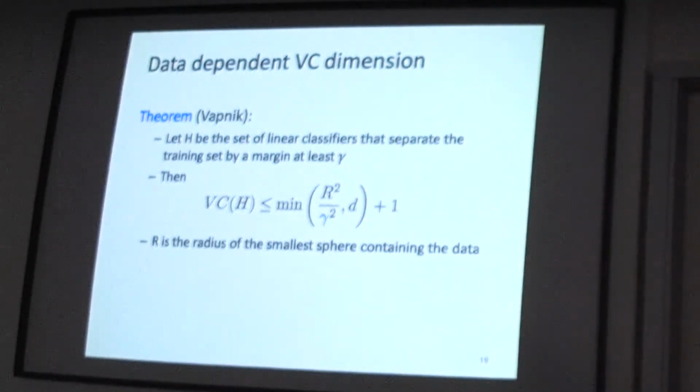So what can we observe? The larger the gamma, the smaller the upper bound of the VC dimension of H. This actually tells us that the larger the margin you have for your linear classifiers in H, the smaller the VC dimension of your H. Does it make sense?